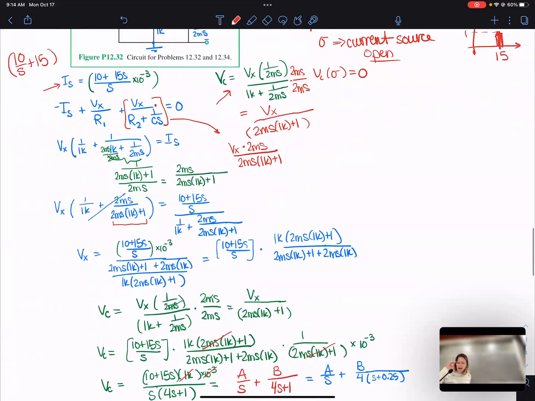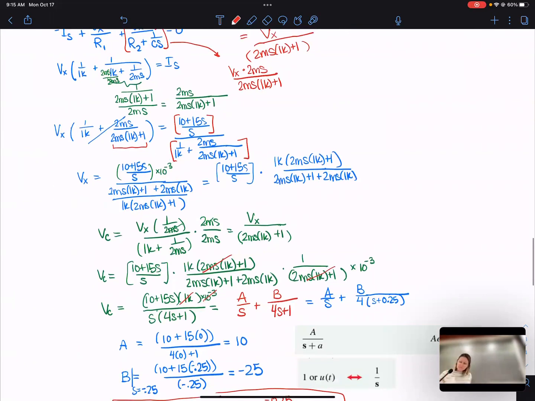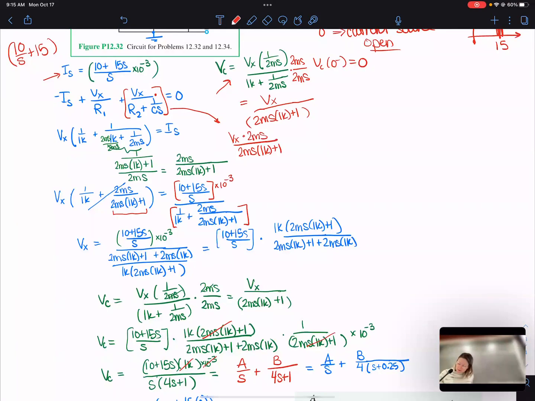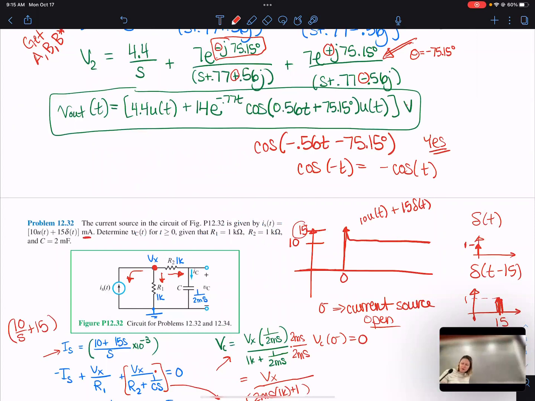And then I have 1 over 1K plus that term is equal to my I of S. Then I divided it by the Vx. I had forgotten to put the 10 to the minus 3, so that was a mistake there. These were milli, so don't forget that.